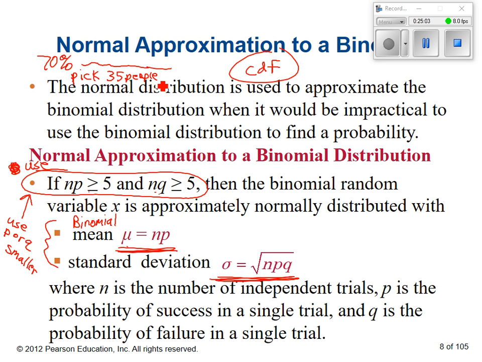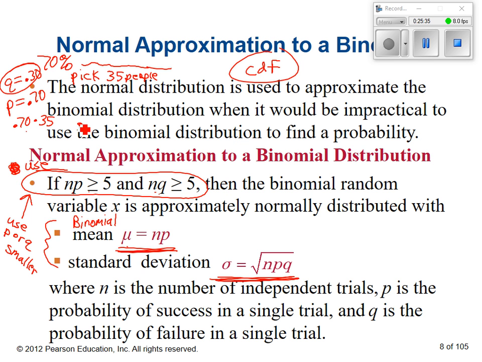All you really have to do to decide whether you can actually do this approximation or not is look at 70%, that's our P, so that's 0.70, and you're going to take it times N, so 0.70 times 35. But we really don't want to do that because if P is 0.70, what's Q? 0.30. Just do the smaller one.